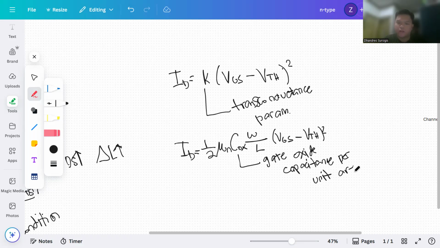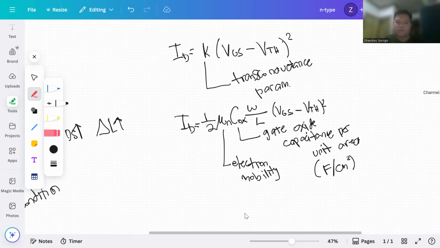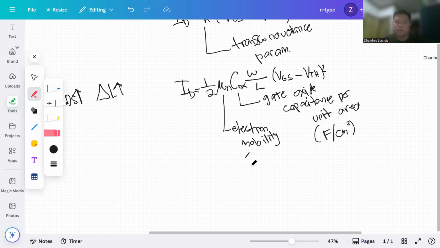The unit for this is farads per square centimeter. And this mu n is our electron mobility, and the unit for electron mobility is square centimeters per volt-second.